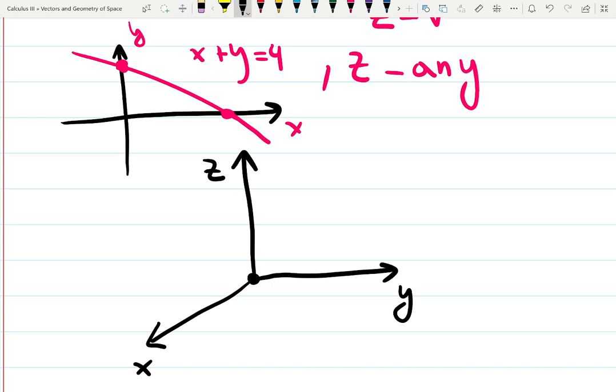Now it's not very obvious how to put this line into 3D. The first graph is my floor, right? But now my floor is tilted towards me, kind of very not clear. So let's draw it from scratch again in the same color. X and Y. X plus Y equals 4. When Y is 0, X is 4. When X is 0, Y is 4. So it is this line.